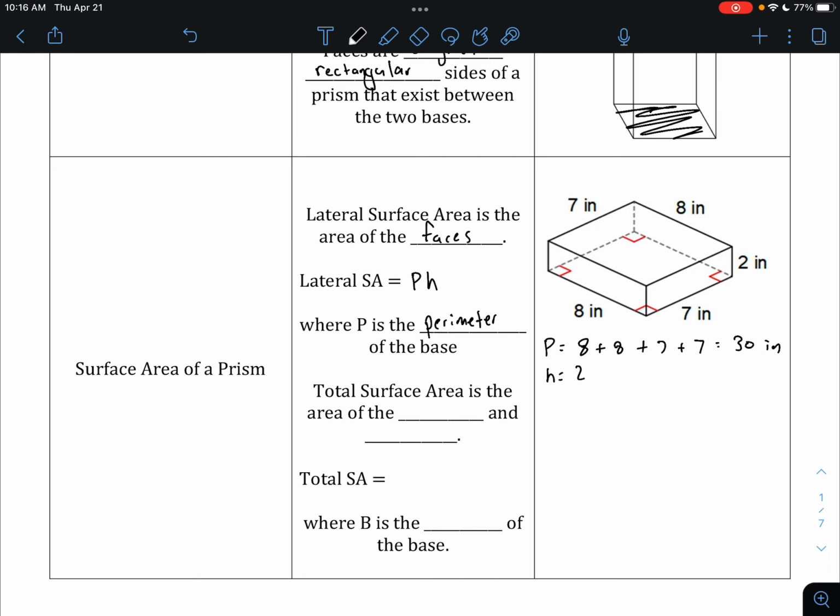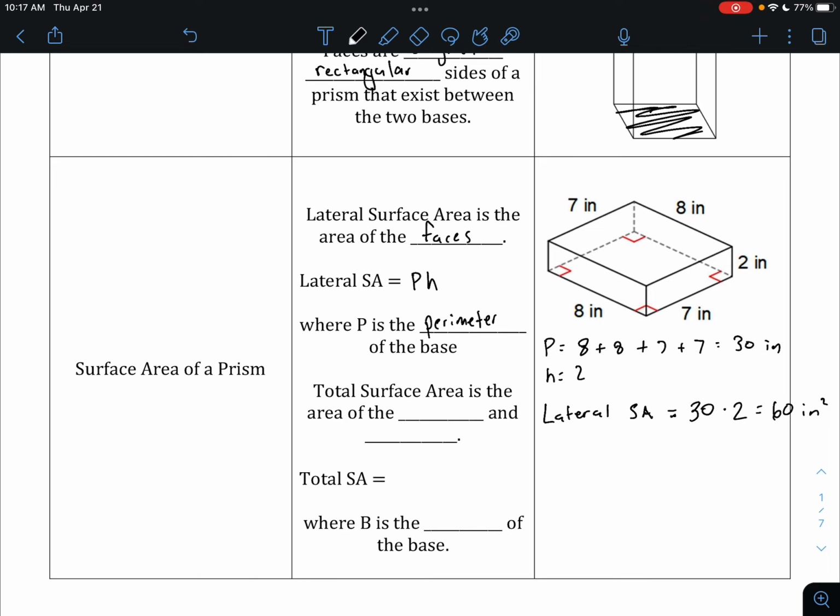And the lateral surface area is simply the perimeter of the base times the height of the prism. So perimeter of the base, which is 30, times the height of the prism, which is 2. 30 times 2 is 60. We have 60 square inches, or inches squared, because area is always squared. And surface area is a type of area. That's our lateral surface area.